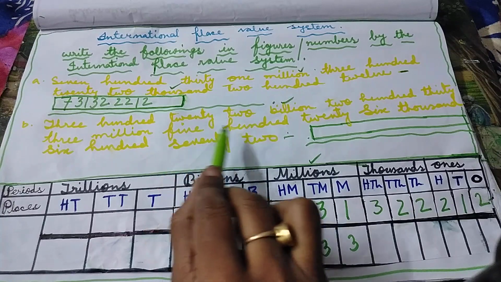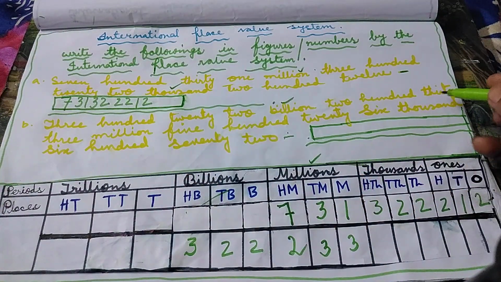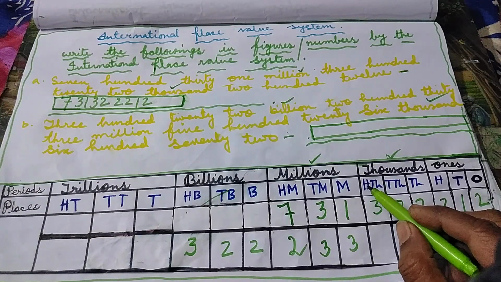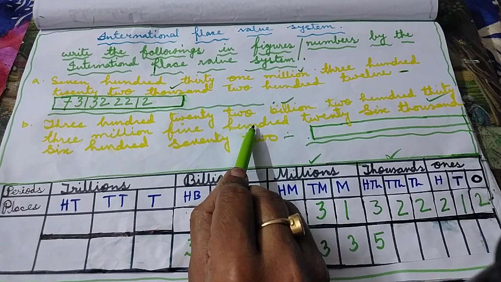Then 526,000. In the thousands group or thousands period, how will we write 526? In the hundreds place, we will write 5. 500.